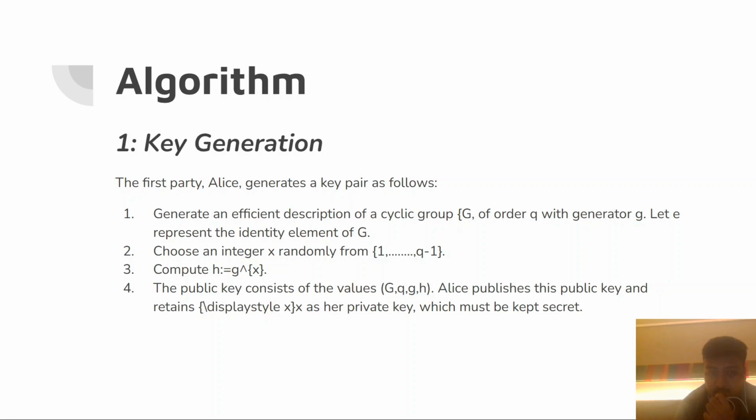After this, the public key consists of the values G, q, g, and h. Alice publishes this public key and retains x as a private key, which must be kept as a secret and won't be shared with anyone. And it's a very important part of this whole process.